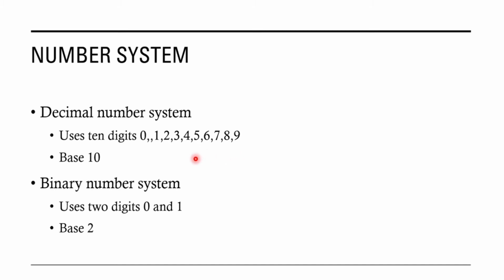So we usually write numbers using all these digits and it is to the base 10. On the other hand, the binary number system uses only two digits, 0 and 1, and it is to the base 2.